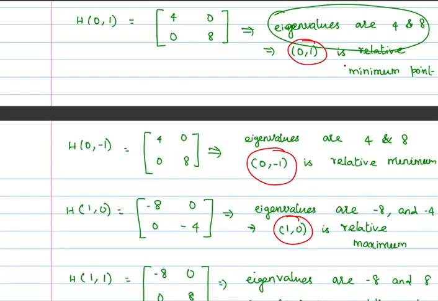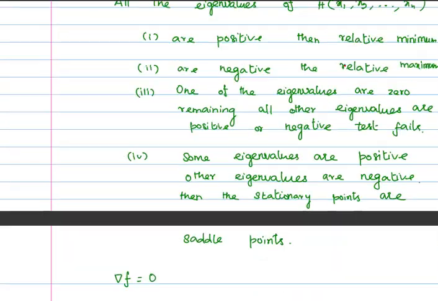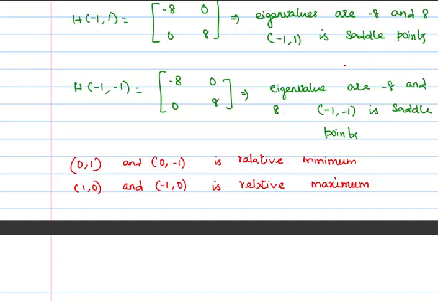Now you look, our aim is to find the maximum and minimum value of the function, not the extreme points, they didn't ask. So we have to evaluate the function value. F of 0 comma 1, x square is 0, so minus 2 plus 1 equal to minus 1. F of 0 comma minus 1 equal to minus 2 plus 1 equal to minus 1.